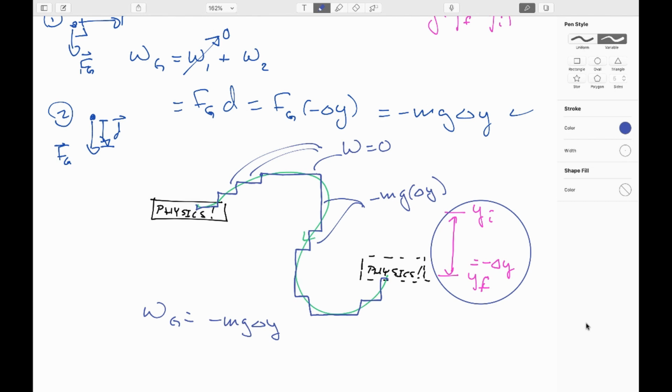Eventually the zigzags are smaller than the pixels that we're using to draw the curve, and at some point it's indistinguishable from the actual path you were thinking about. To prove rigorously that that's legit is beyond the scope of what we're doing here, but that's the flavor of how it works. So we get that the work done by gravity is equal to minus mg delta y.